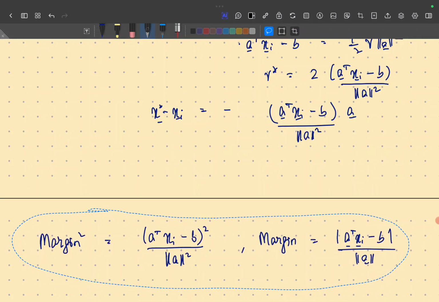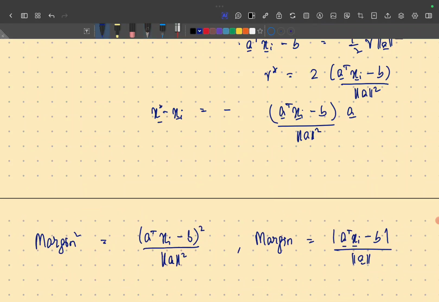So let's do that carefully. Norm of x star minus xi squared is equal to (A transpose xi minus b) divided by norm A squared.